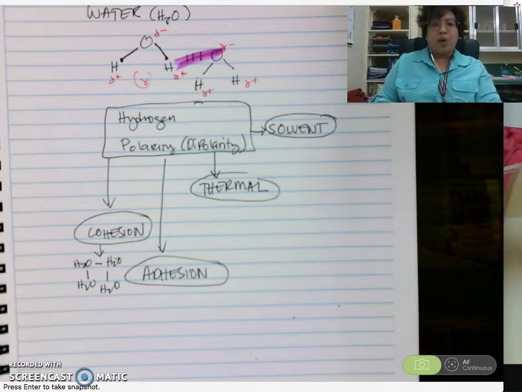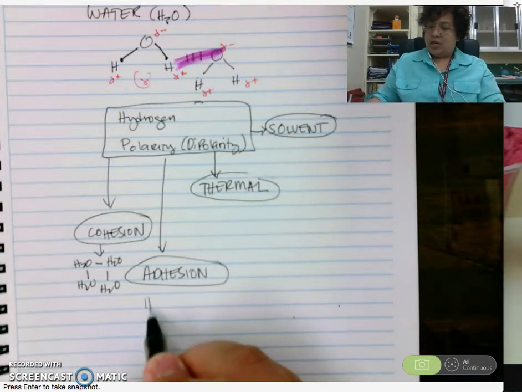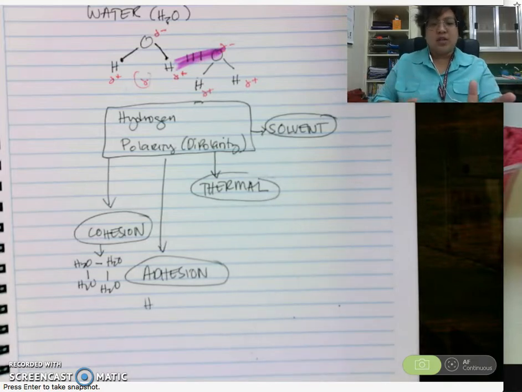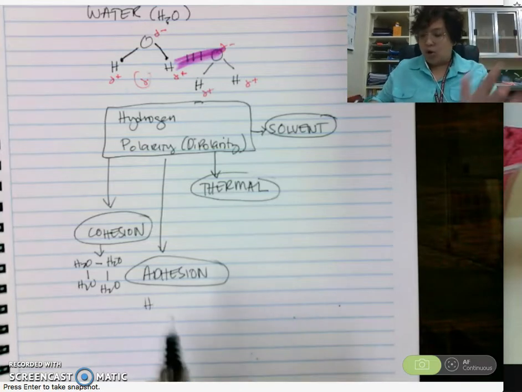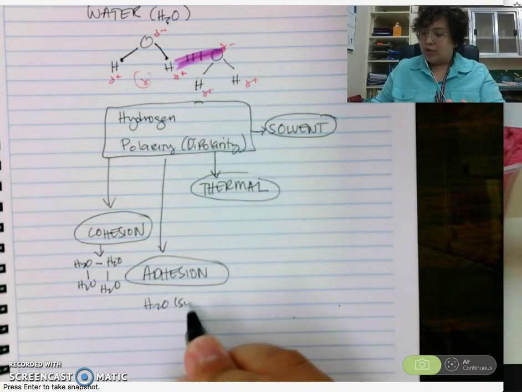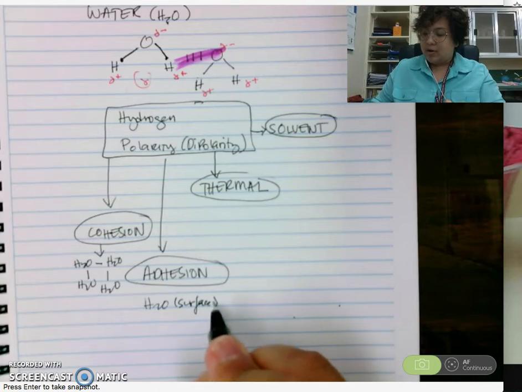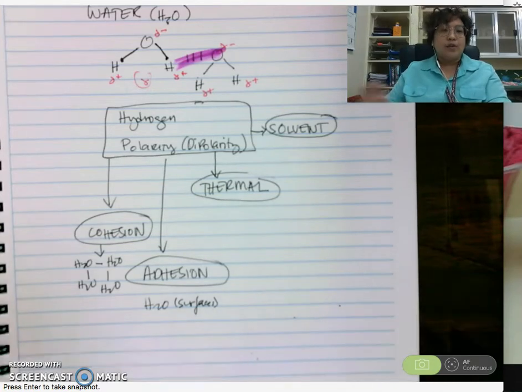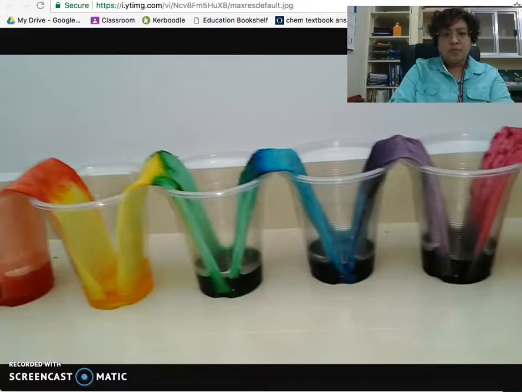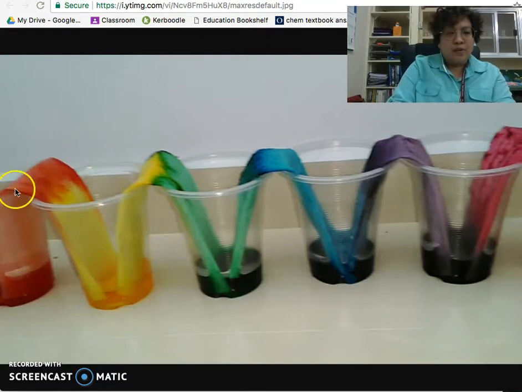Okay, so the second property of water that we need to know is adhesion. Adhesion is kind of the same as cohesion, but adhesion makes sure that you understand it's water sticking to surfaces or any kind of surface. Let me show you this picture. What this picture is showing is that, for example, you put water in the first cup and you put tissue in between those paper cups.